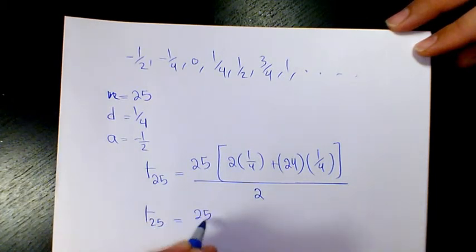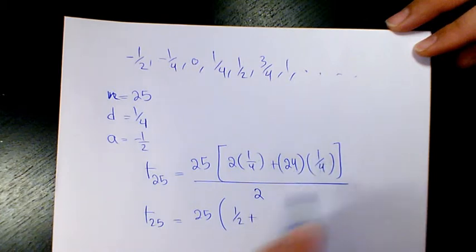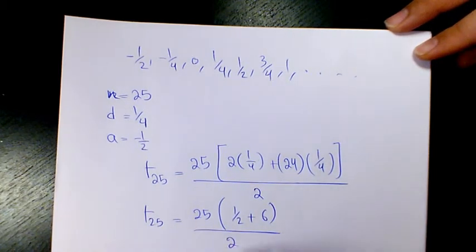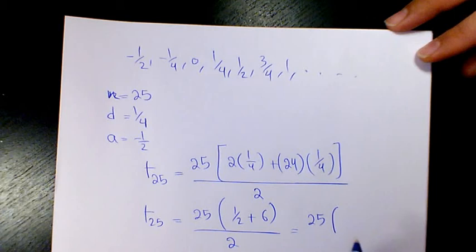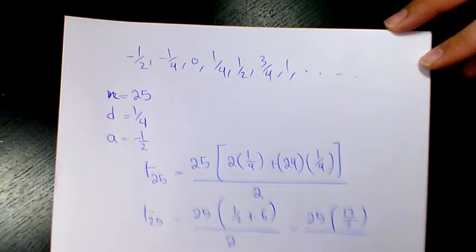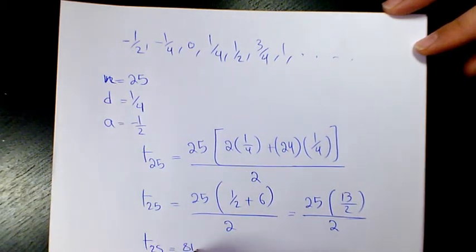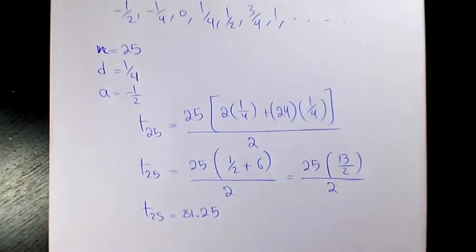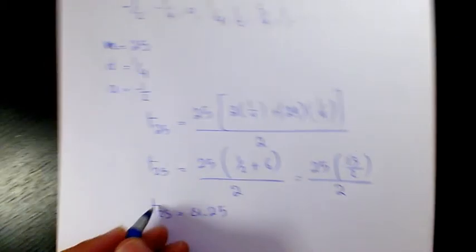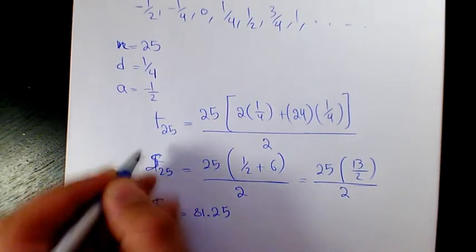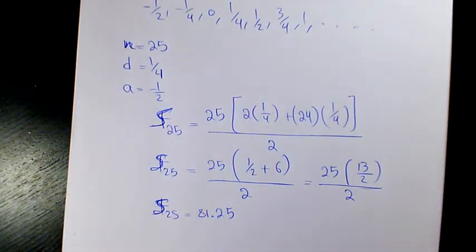So that's going to be 25 times 1 over 2 plus 24 over 4 is 6, so 6 plus 1 over 2 is going to be 6.5, or 13 over 2, over 2. So that will be 81.25. That's actually S25. I forgot to write S there because S represents the sum of these terms.